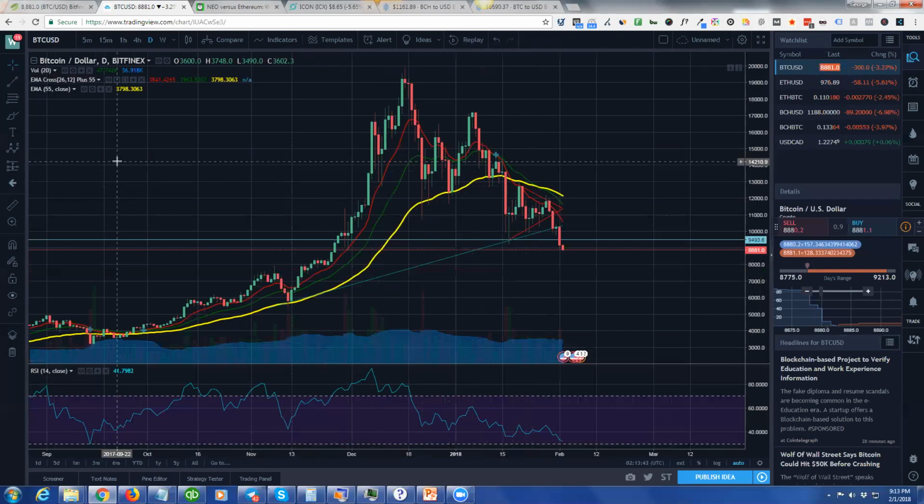I do suggest if you are a serious trader, you're going to want to look to upgrade it. I'm using a similar service that uses TradingView charts called Coinigy. But you need to have a charting service that allows you to look at multiple charts.